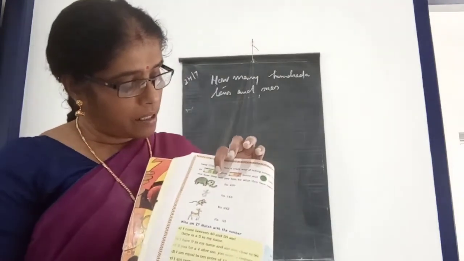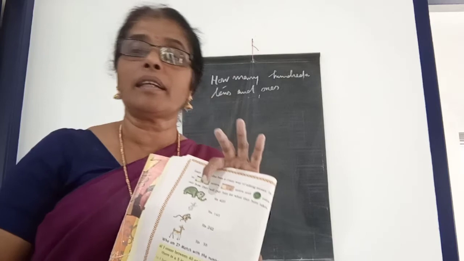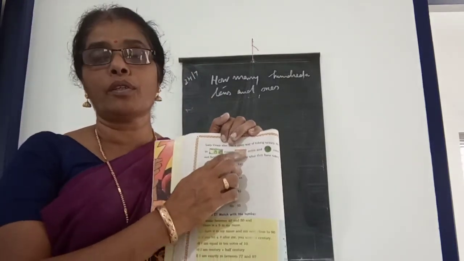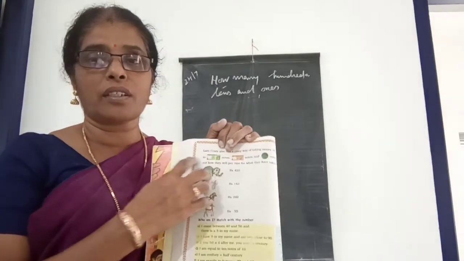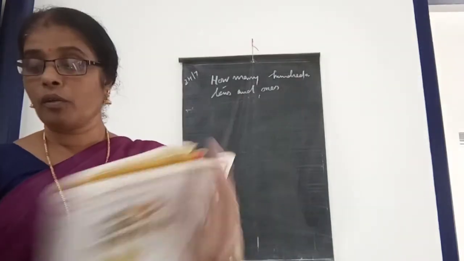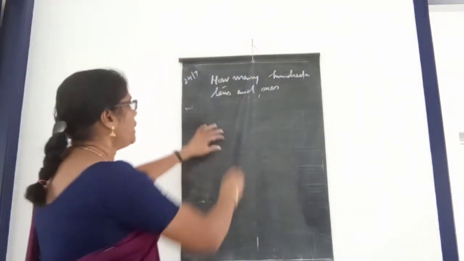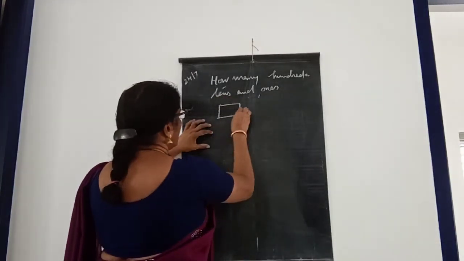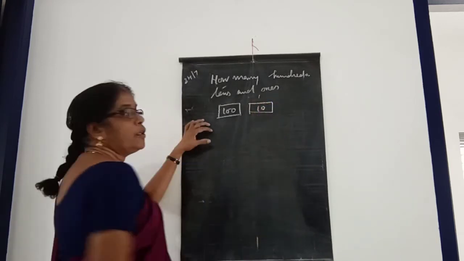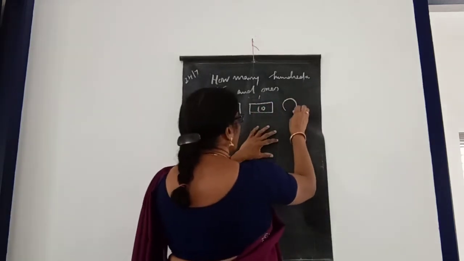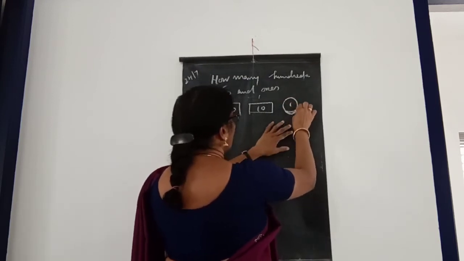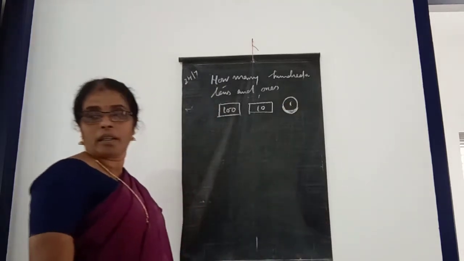Lazy Crazy is taking money this way: 100 rupee notes, 10 rupee notes and 1 rupee coins. Look here children, this is the 100 rupee note, this one is the 10 rupee note, and this one is the 1 rupee coin.